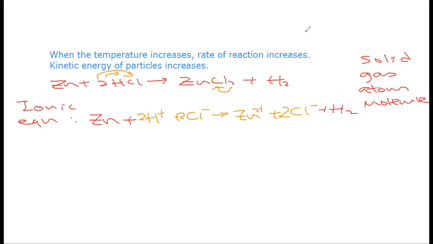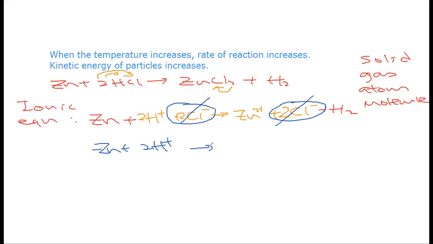Now you look for what is the same on the left and right. The zinc and zinc ion are different, so just leave them. These two are the same. Bring this to the other side, it becomes minus, so you cancel it off. Therefore, what is left is the zinc reacting with the hydrogen ion to form the zinc ion and H2.